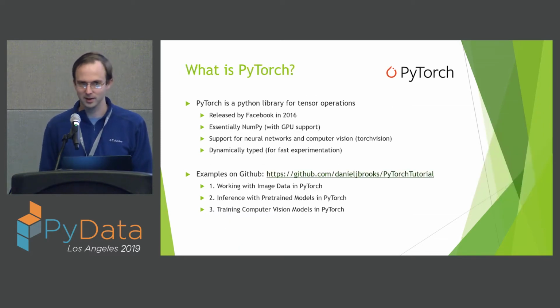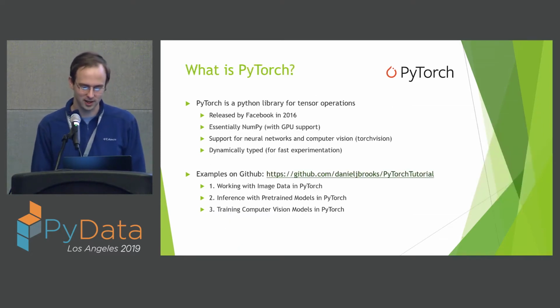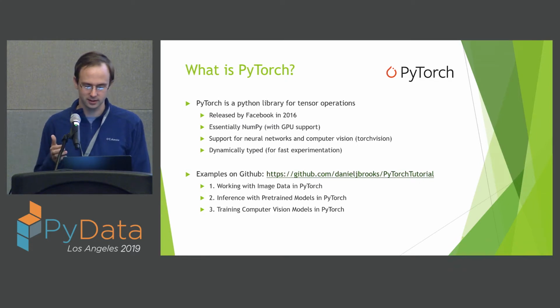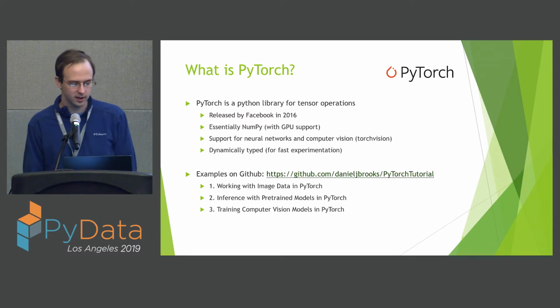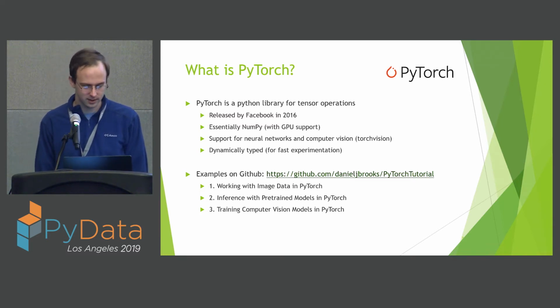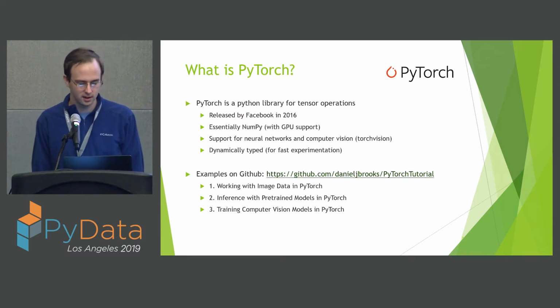And so I've been talking about PyTorch. This talk is about PyTorch. I'm going to go into a little bit more detail about what PyTorch is. PyTorch is a library for tensor operations. It was released by Facebook in 2016. The style of PyTorch is fast experimentation. It is a Python first library. It's dynamically typed, like Python, which is nice.